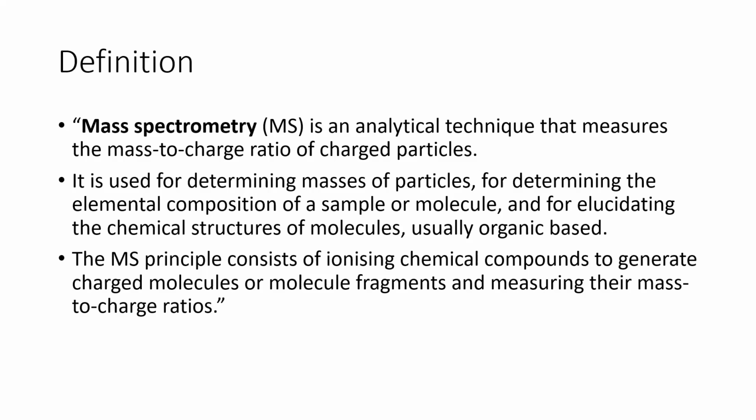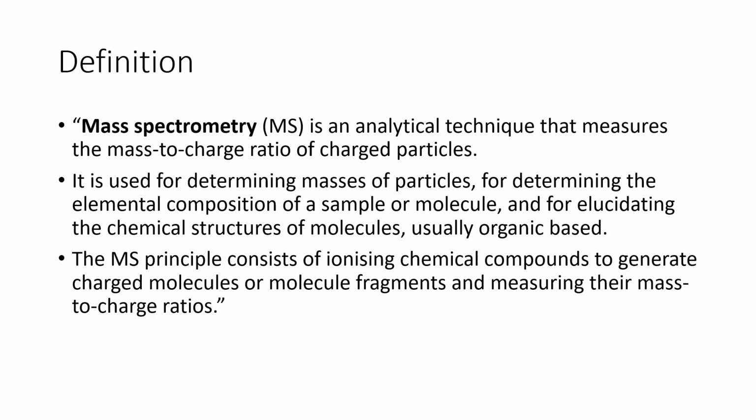Nitrogen molecule N2 is 28. Carbon monoxide is 28. But it's not just enough for us. Many compounds may have the same mass, but mass spectrometry goes further than just giving us the mass. It tells us the elemental composition of a molecule. So for example, if I have a molar mass of 28, mass spec is able to tell that this 28 actually belongs to 2 atoms of nitrogen.